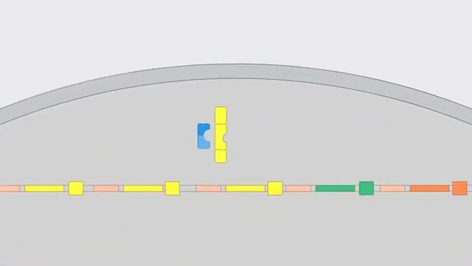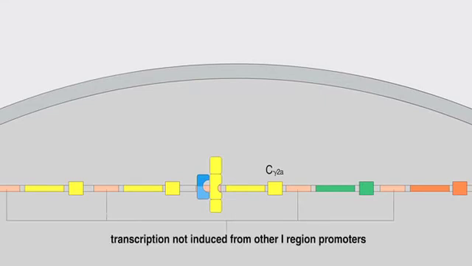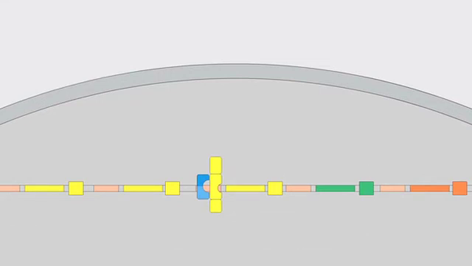These transcription factors cooperate to selectively induce the transcription of the I region promoter upstream of the C gamma 2A constant region. However, they do not induce transcription from other I region promoters, such as C epsilon or C alpha. The different transcription factors activated by the cytokines determine the specificity of I region activation.